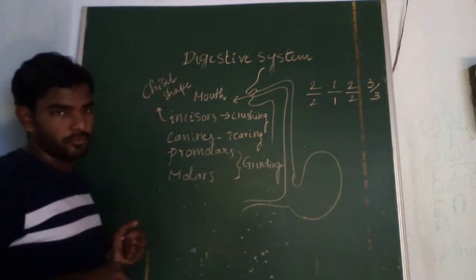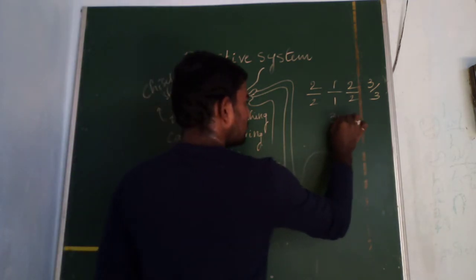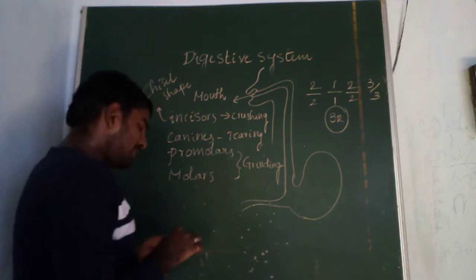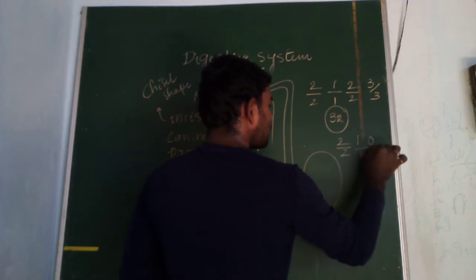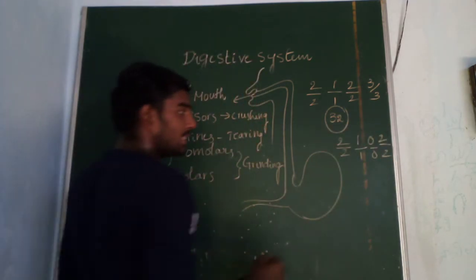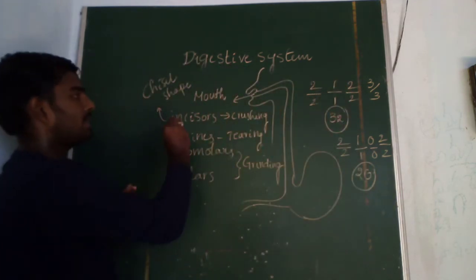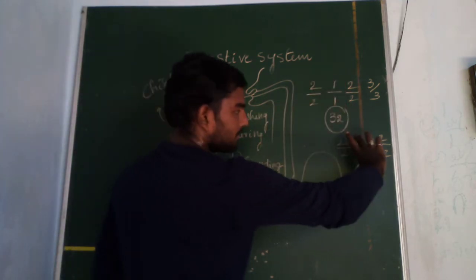The total number of teeth in adults is 32. The dental formula for milk teeth is 2 by 2, 1 by 1, 0 by 0, and 2 by 2. The total number of teeth in milk teeth is 20. So this is about the dental formula for the adult and for the milk teeth.